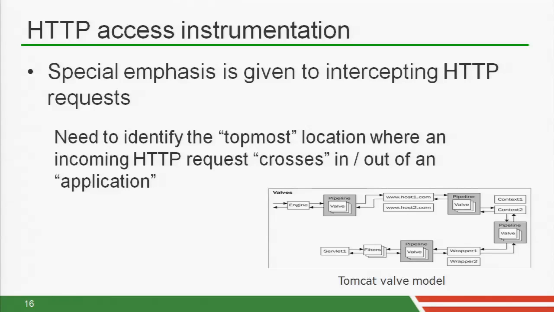Once it is done, it gets a response back and sends it. Now we need to identify the exact location where this code flow crosses from the general part of the server to the specific application, because we want to associate the call flow from now on to that application. So it has to be high.